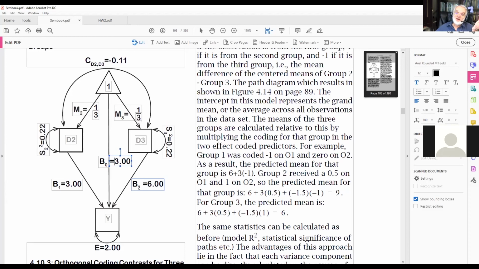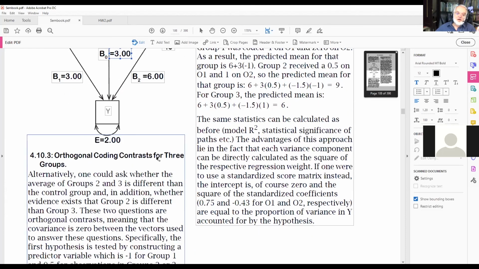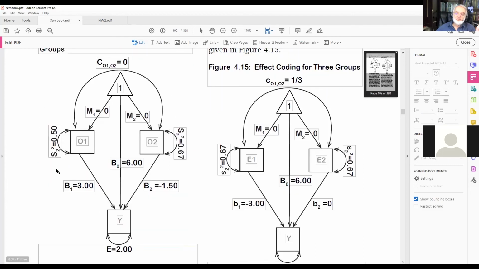In other words, if I really am only interested in the treatment effect, I might dummy code. And if I'm interested in looking at orthogonal codes, I might think of questions where the covariance is 0.